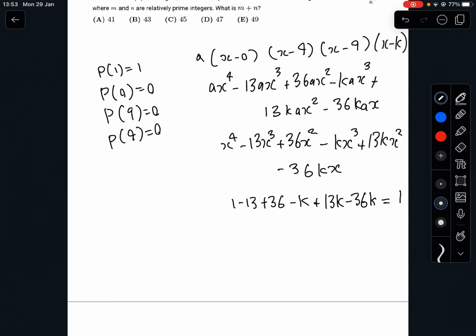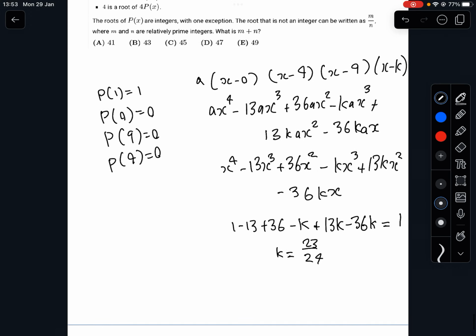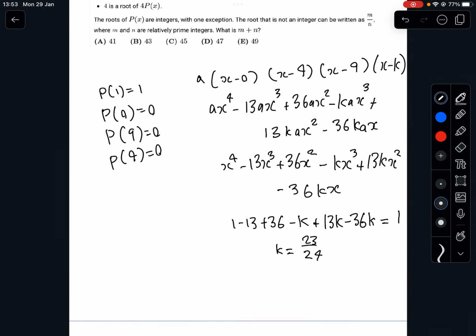Okay, so we get, and then we solve this. We solve for k, and we get k equals 23 over 24. Now let's double check to make sure that k is going to be the root.